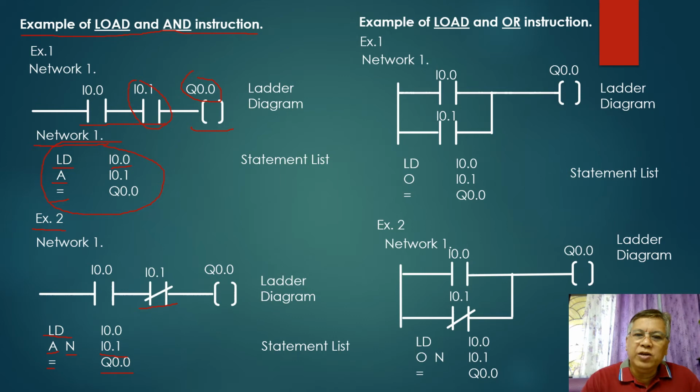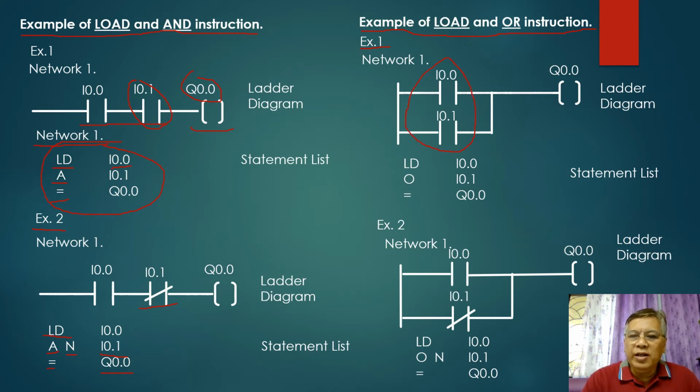Then let's make use of the load and OR instructions. For example number 1, you notice that we have one network with inputs I0.0 and I0.1, which are connected in parallel form.